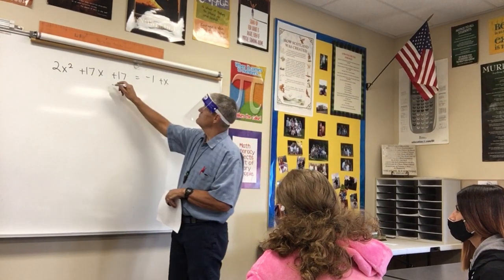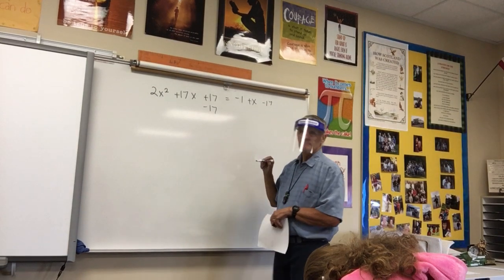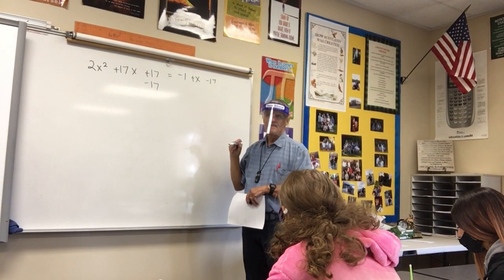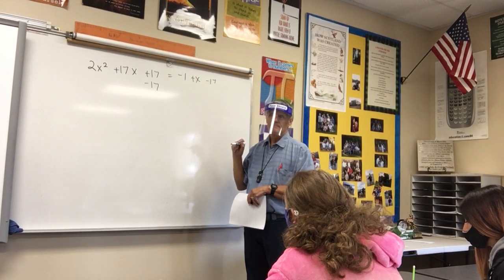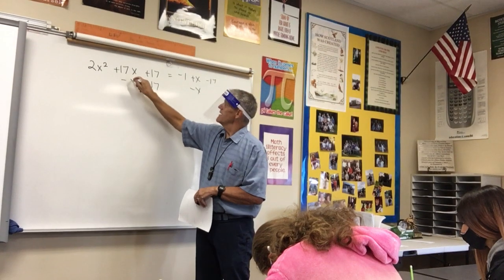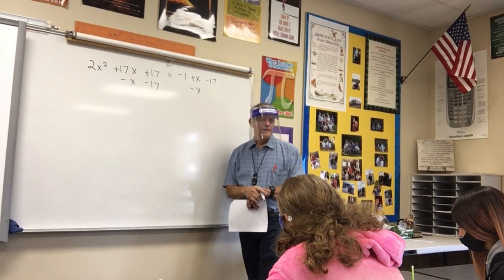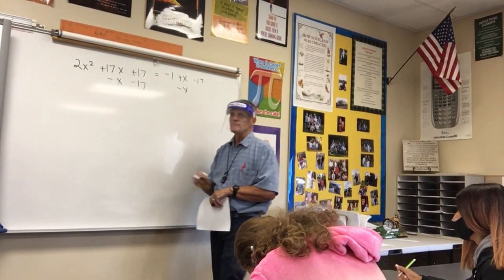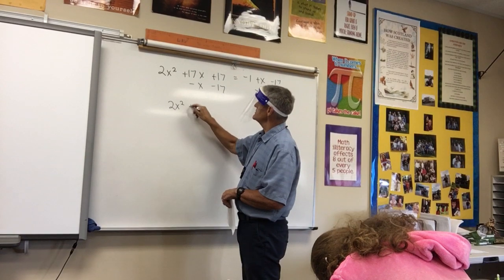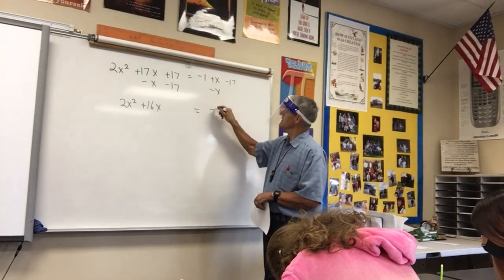So I'm going to minus 17, minus 17, minus x, minus x, just so I have the variables on one side and the non-variables on the other. That gives me 2x squared plus 16x equals negative 18.